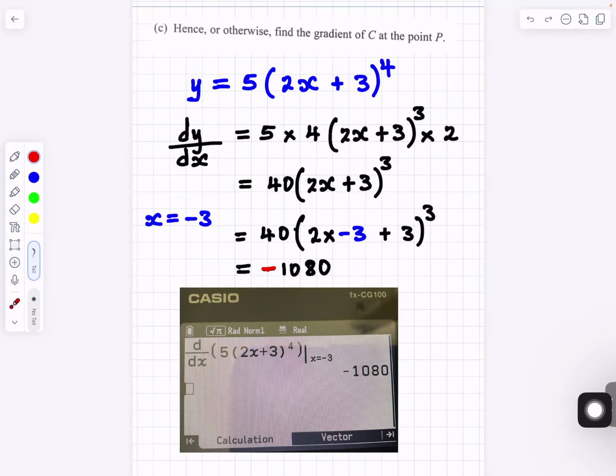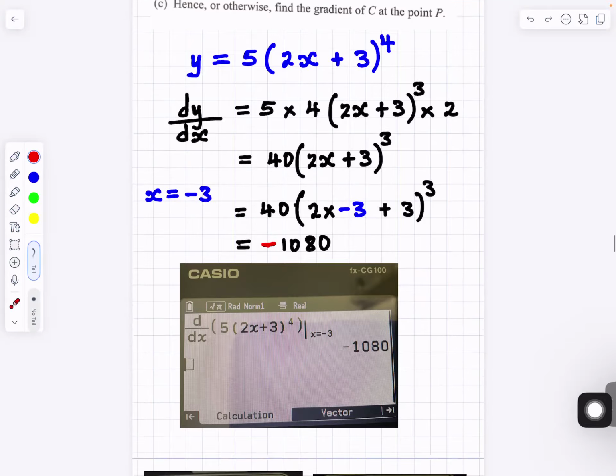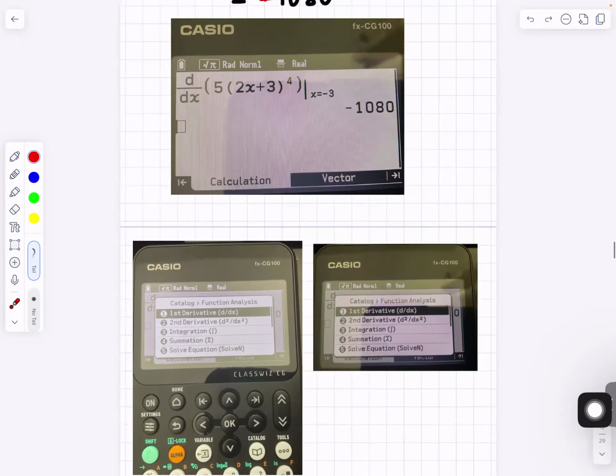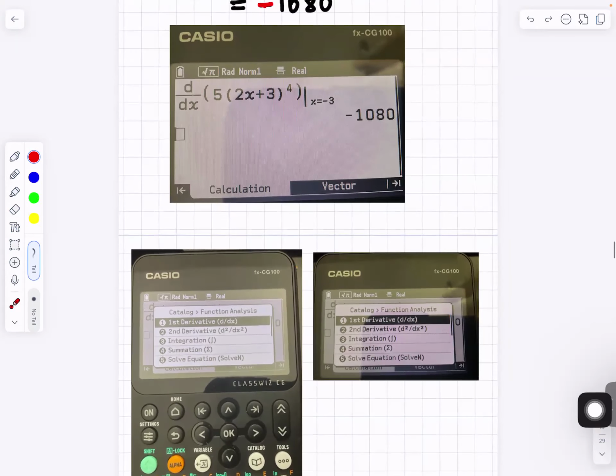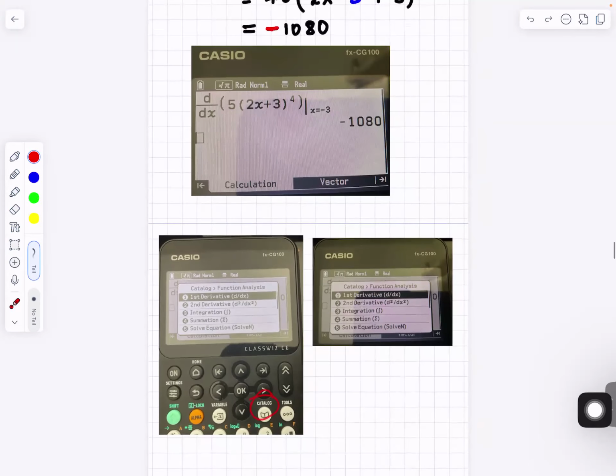If you have a graphics calculator, you can know the answer before doing the question. If you have this CG100, a very expensive calculator, you go to catalog, where they keep the list of things. Number 1 is first derivative, dy over dx.